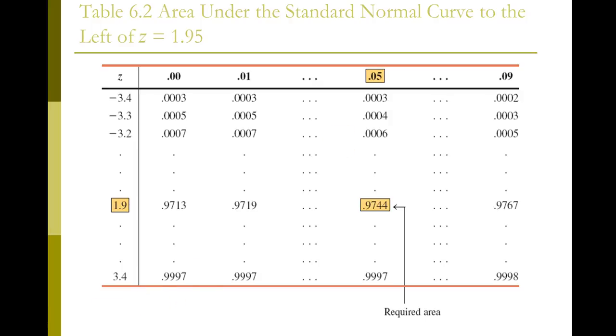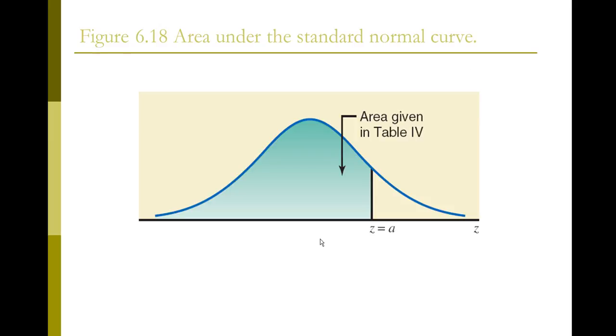So, for example, suppose we wanted to know how much area. Now, you might say, why do we want to know this? But just suppose we wanted to know the area to the left of 1.9. So what I mean by that is, going back to here, suppose z was, we already said when z is equal to 0, we know the area to the left is 50%.